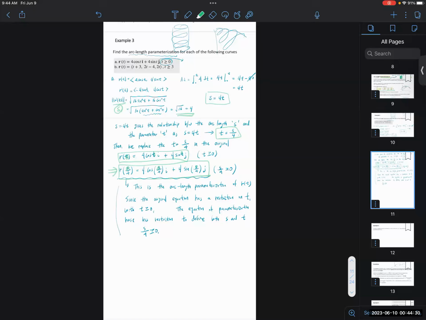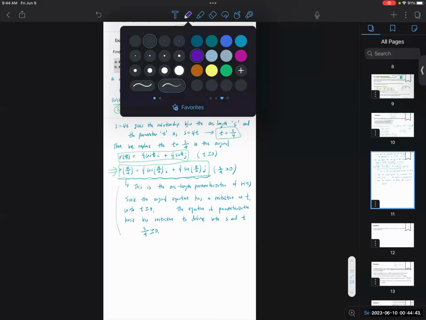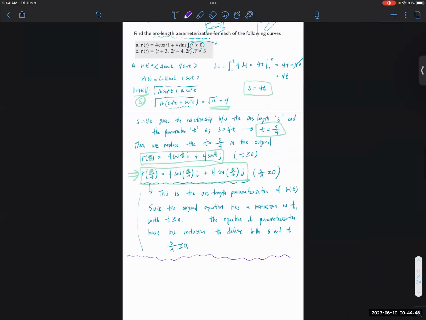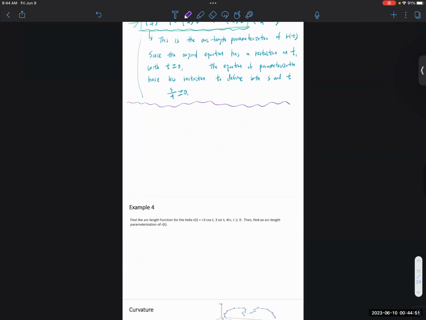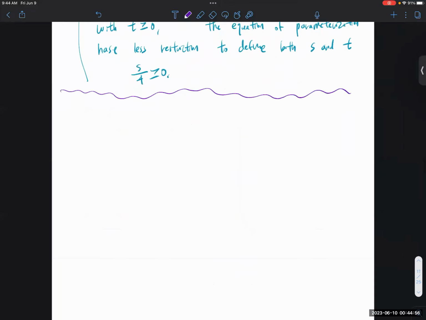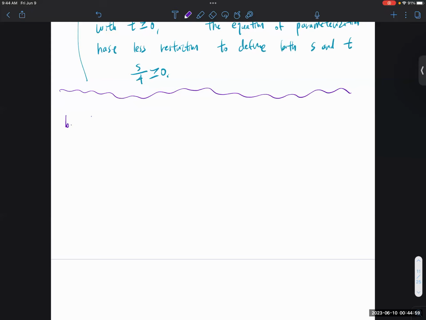Okay, so you can think about it. I'm going to do one more example, letter B. As I promised, let's talk about the 3 components. It's the same thing. I'm going to change the color. So we're going to do letter B. r(t) is t plus 3, 2t minus 4, 2t.